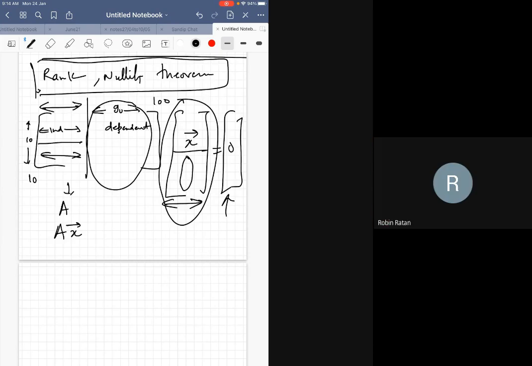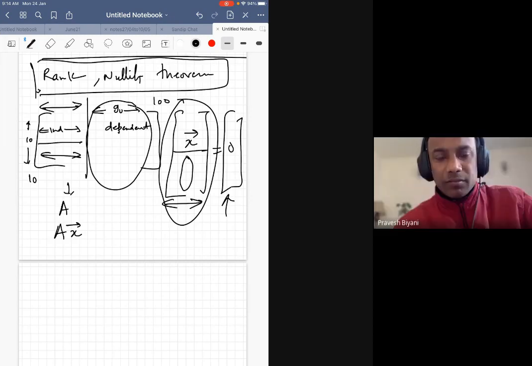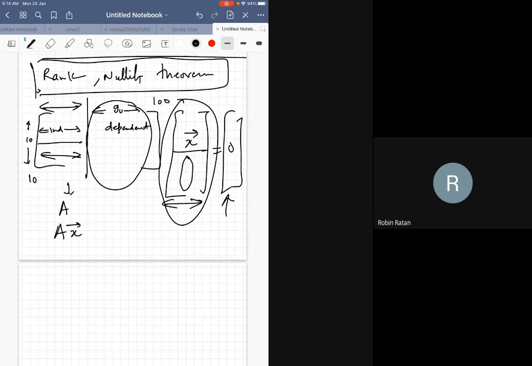Yeah, so this rank nullity theorem states that if the number of linearly independent columns is equal to the dimension of the column space of the matrix, then the null space would be zero, right?